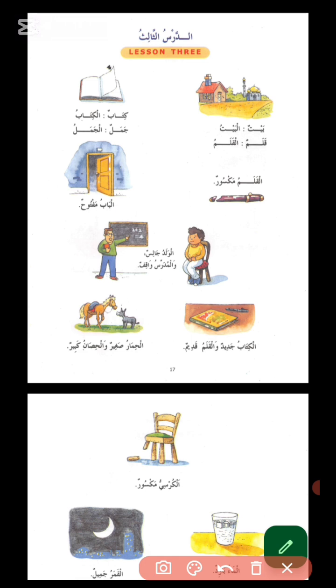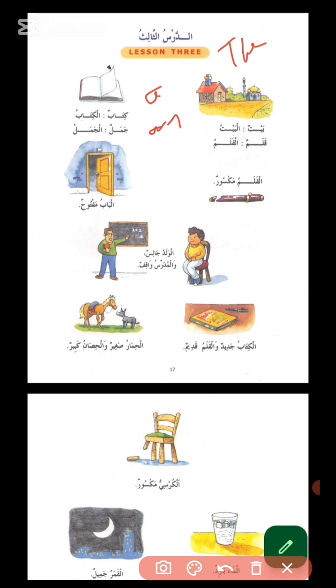As we have learned in English, the indefinite article is a or an, and the definite article is the. But what are the equivalents to these in Arabic?